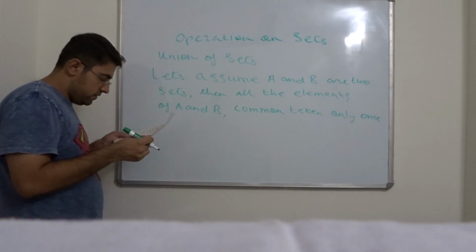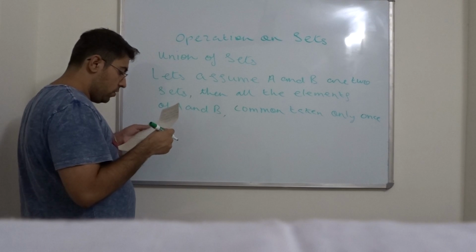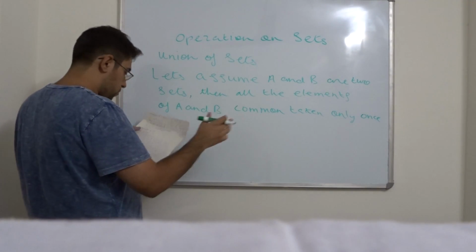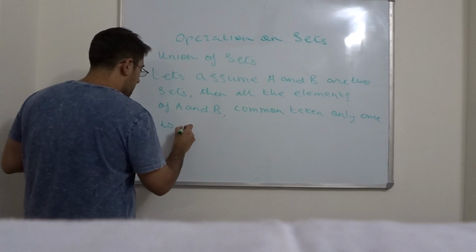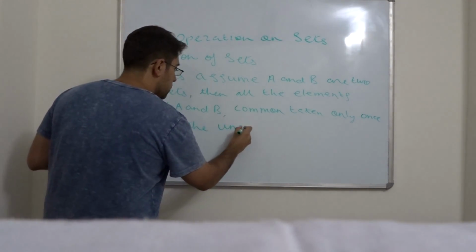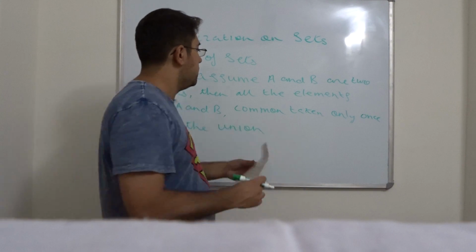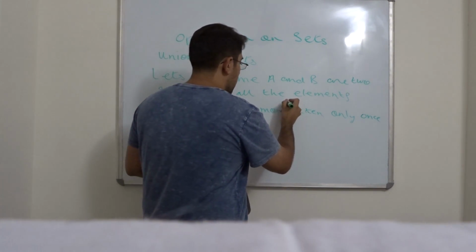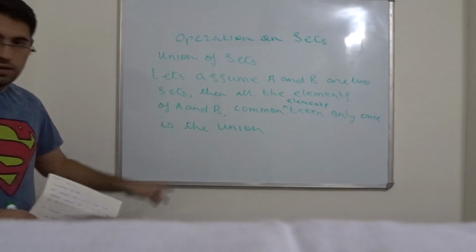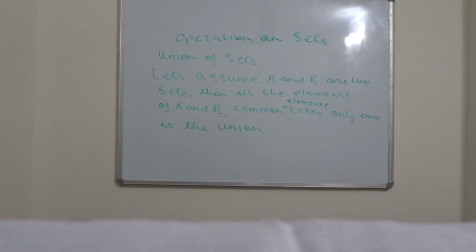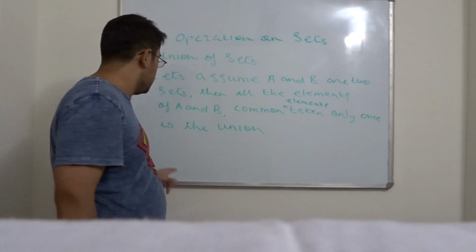My apologies for this, it happens. A and B, and common elements taken only once, is the union.